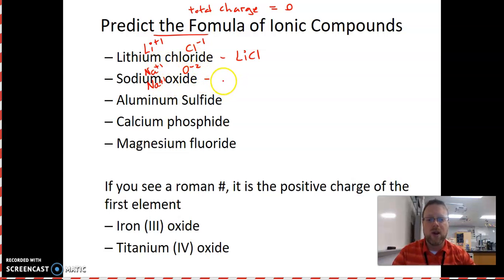And so the formula for sodium oxide would be Na2O. And notice we didn't write ones in these formulas. The ones are understood. So this just says, hey, I've got 2 sodiums for every 1 oxygen in the formula.